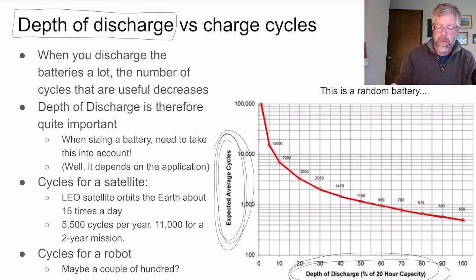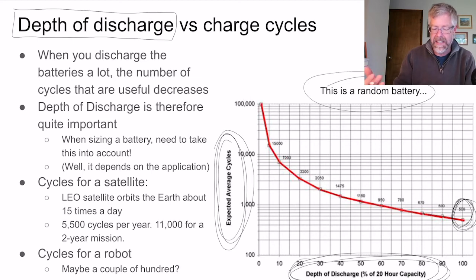All right, so if you look at how these two things are related, if you discharge something to 100%, so you use all of the power inside the battery, and then you charge it, you discharge it all the way, you charge it again, you're only going to get 500 cycles for some random battery. This is just a random battery. It's meant to be an example.